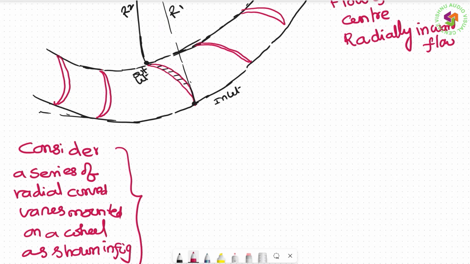Next, what I will try to draw is where the jet of liquid impinges.